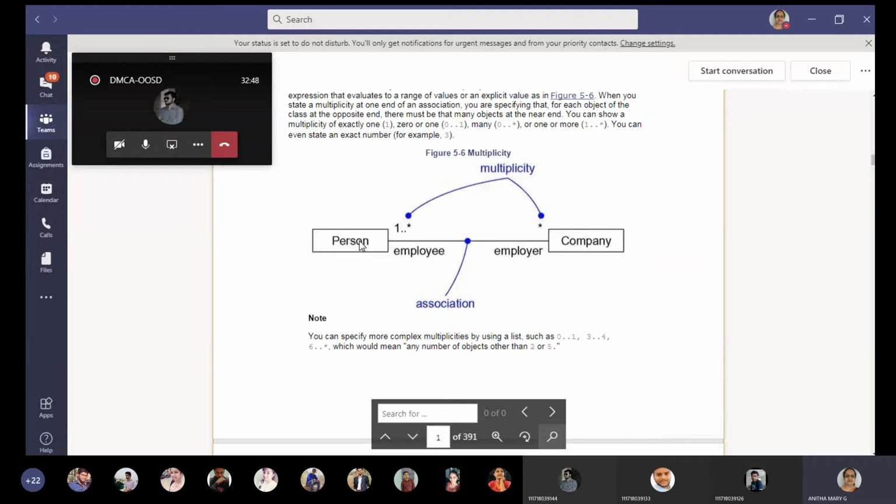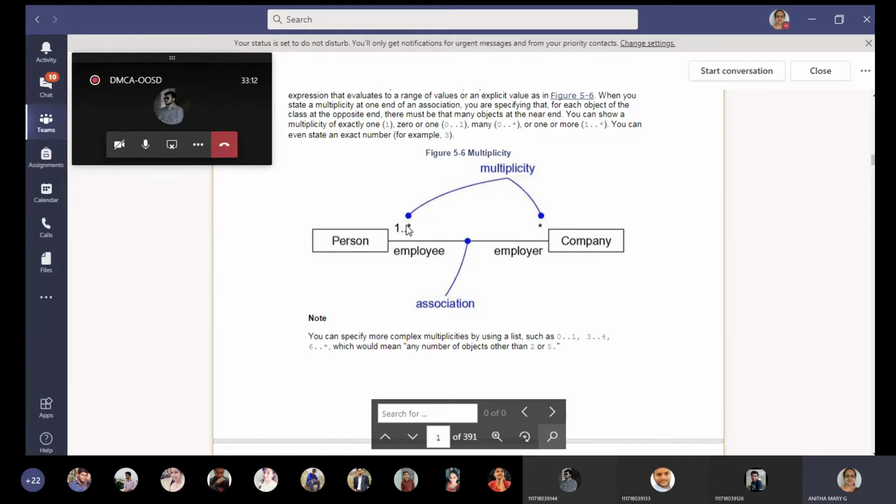So when I say a person works for a company, a person who is an employee works for the company as employer, what multiplicity can I give? How many people can work for a company? Maybe if it is small scale, it can be one or two. So you can give the range, minimum to maximum.